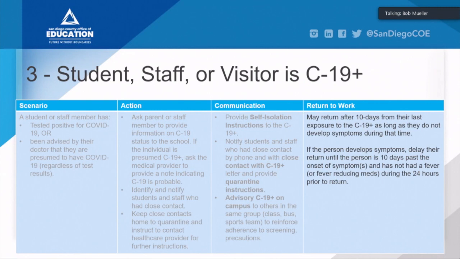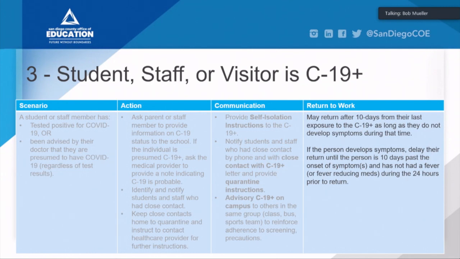Anyone who has symptoms and has tested positive for C19 should delay their return till 10 days after their symptoms began. Their symptoms must be improving, and they must be free of fever without using fever-reducing medication for the 24 hours before their return.